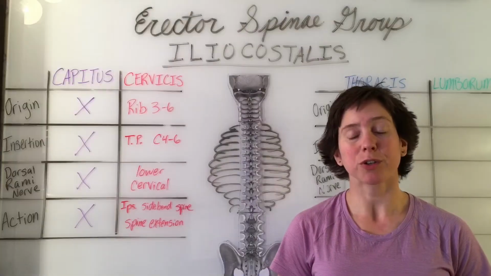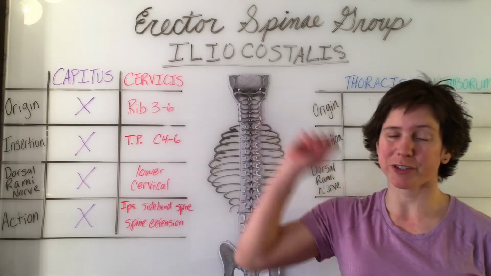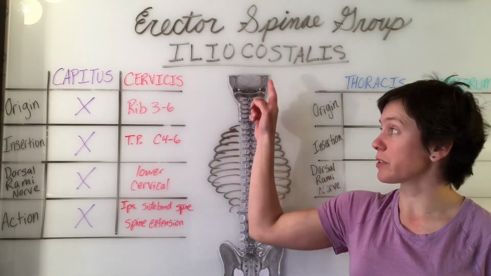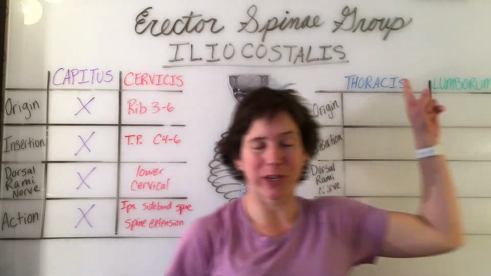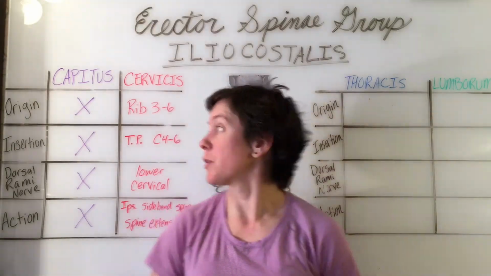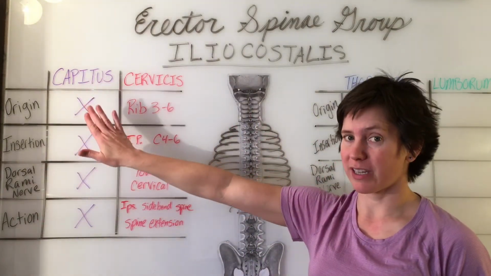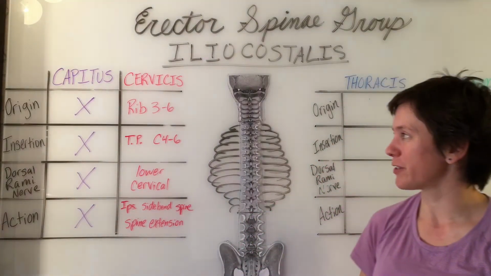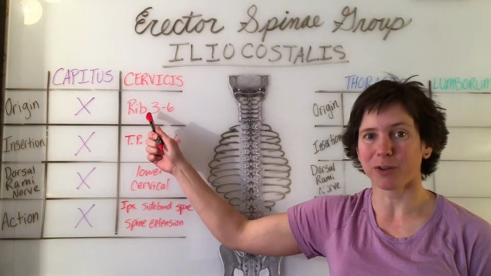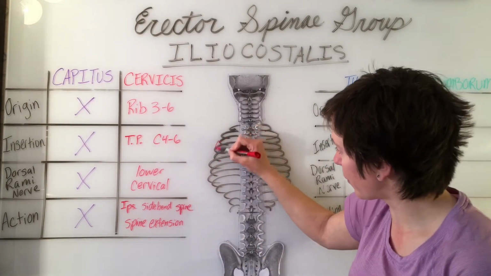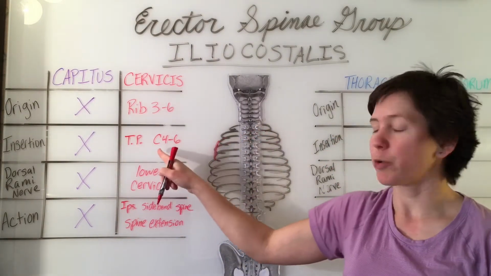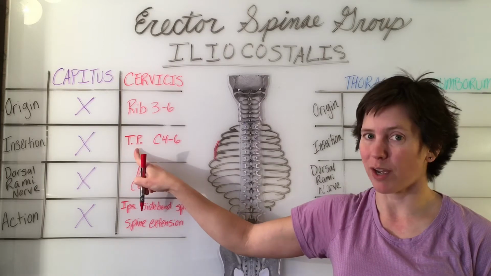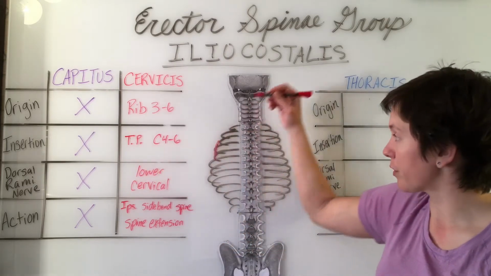The most lateral section of muscles in the Erector Spinae group is the Iliocostalis cervicis, thoracis, and lumborum. There is no Iliocostalis capitis. So we'll start with Iliocostalis cervicis that originates on ribs 3 through 6 and will insert on the transverse process of C4 through 6.